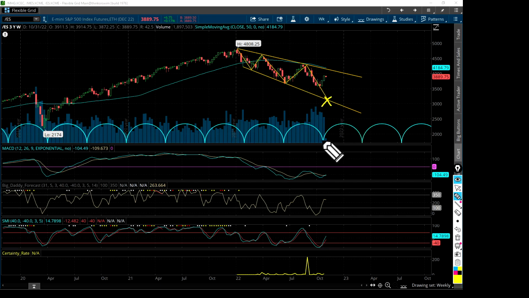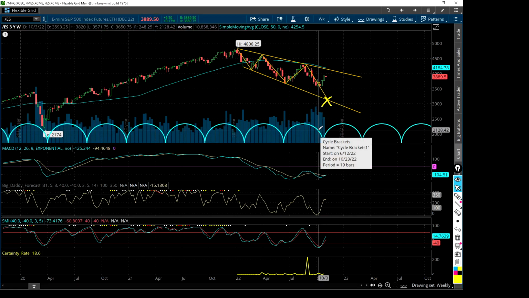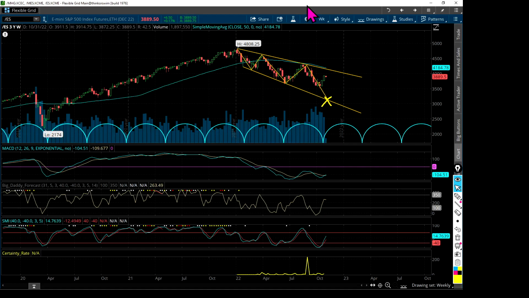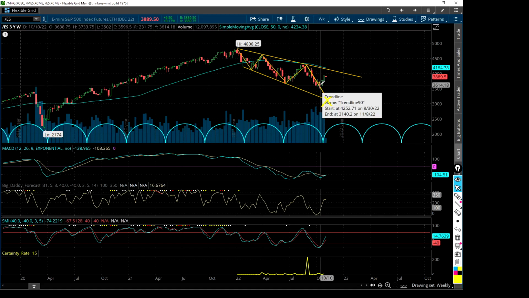Well, it didn't happen, right? It didn't come down here. Stopped. So, I mean, just look at this cycle. We're at the very beginning of this. By the way, this cycle ended 10/23. It just ended last week. Ended about a week ago, and that low right there was on 10/10.